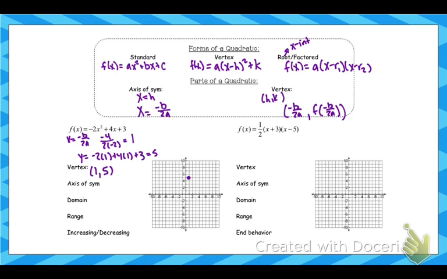So we can take that same pattern from (1, 5), and we can adjust it because now we know it's being multiplied by negative 2. So from the vertex, we'll go right 1 down 2, right 2 down 8, and then right 3 down 18 is going to be off my graph. And then just do the same thing on the other side because of that axis of symmetry.